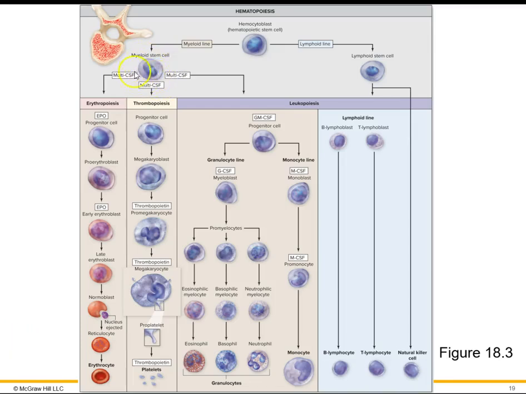So let's say this myeloid stem cell receives signals involving multi-CSF and EPO. It's going to go down this pathway of erythropoiesis. You have a progenitor cell that differentiates into a proerythroblast, then an early erythroblast, then a normoblast. At this point, the red blood cell is going to lose its nucleus.